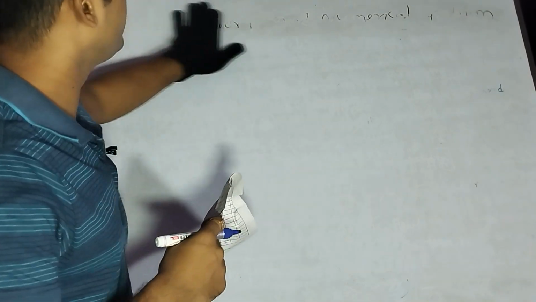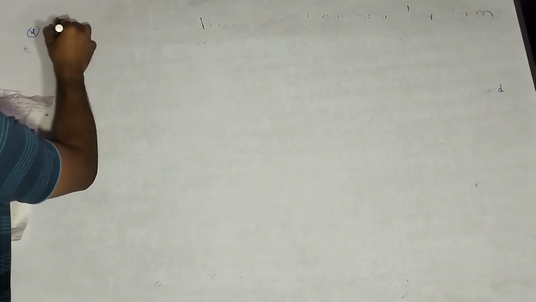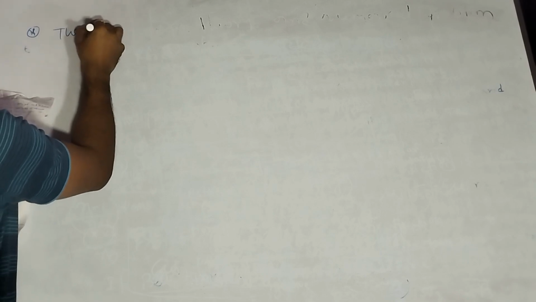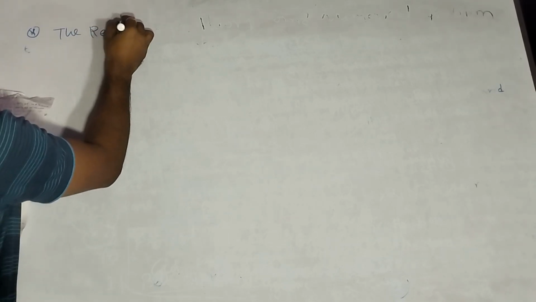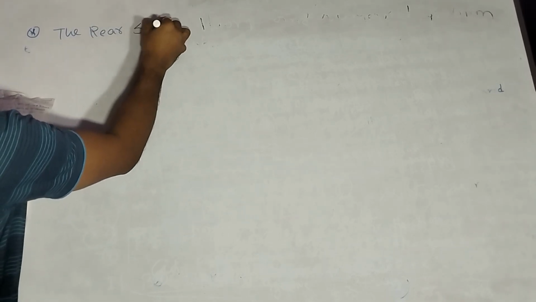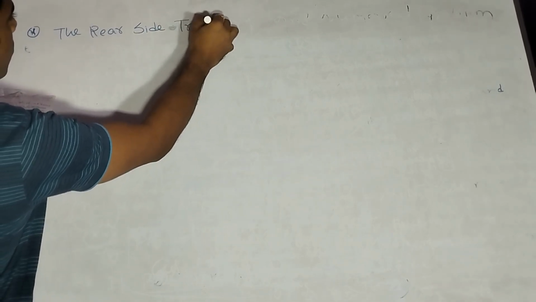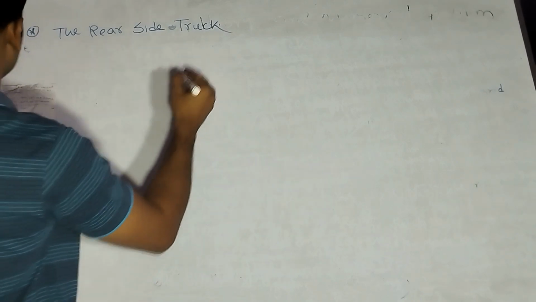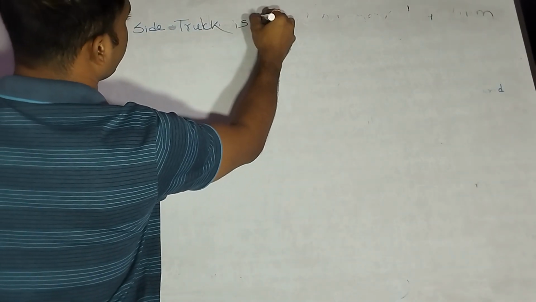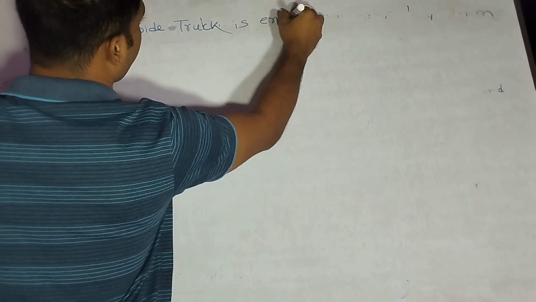Truck and box kinetic friction related problem. The rear side, meaning the ending side of the truck, is open. That means the ending portion is open.